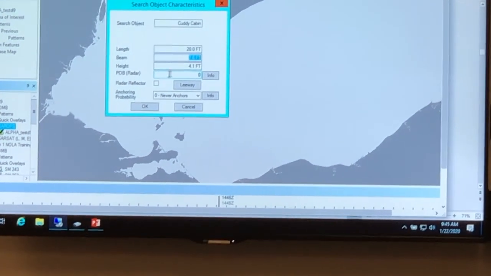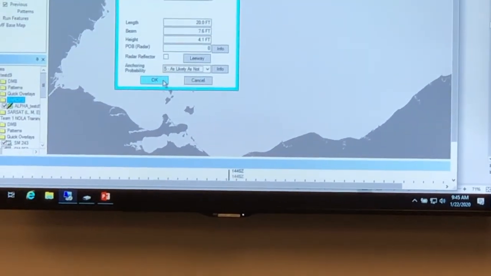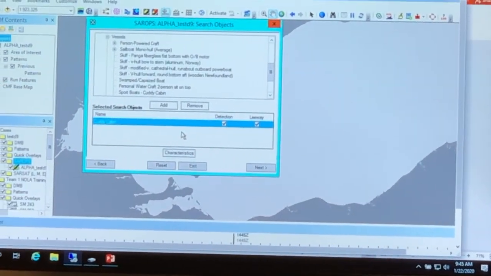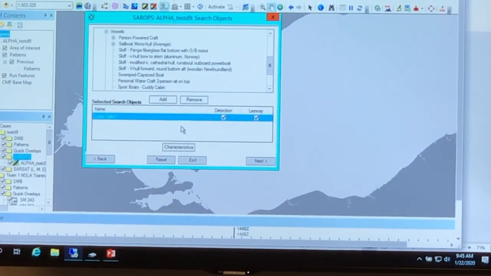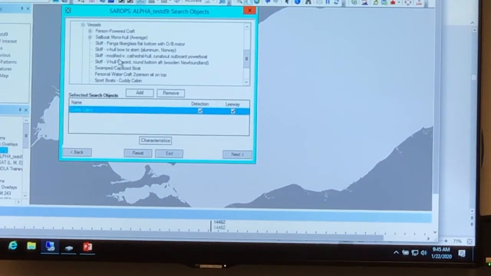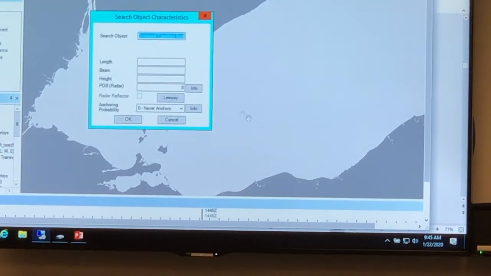I'm going to leave that at 0 for anything. Anchoring probability, you should just stick with 5. But now the detection box is checked. So size was only determining detection. It was never determining leeway. So I'm going to put in all of them just so we can put in some other stuff. It says, oh yeah, we did.